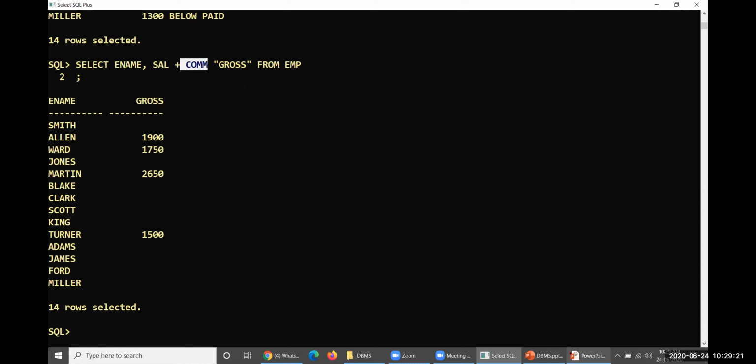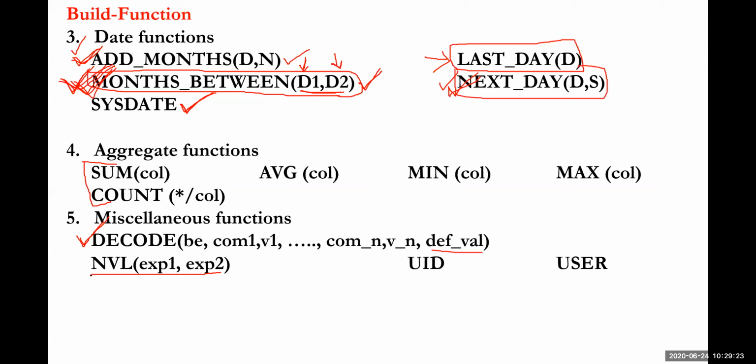To substitute such a value, we use NVL. Expression 1 will be your column name. If your column has a null value, the value of expression 2 will be substituted. If the column does not have a null value, it has some other value, and it doesn't substitute; it leaves it.